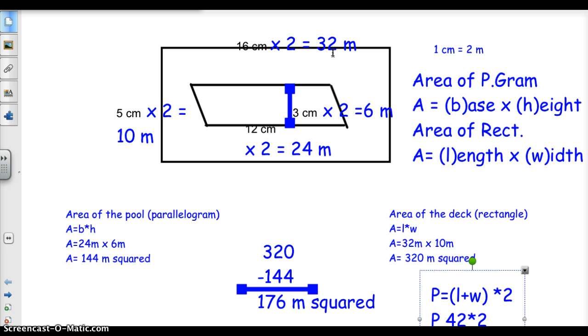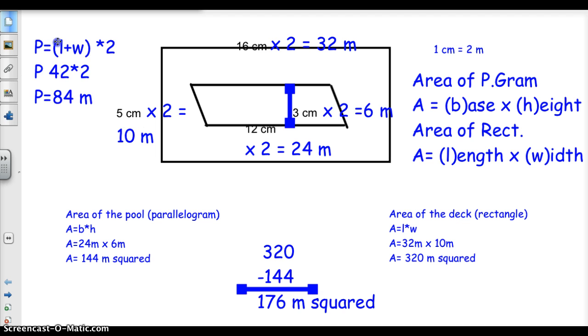So my perimeter equals 84 meters. So there were the 3 answers for today's question. There's the perimeter. Okay, I hope that made sense, and we are going to work on one question today where we make sure we do our conversions first. Always convert first and then work with the real numbers.